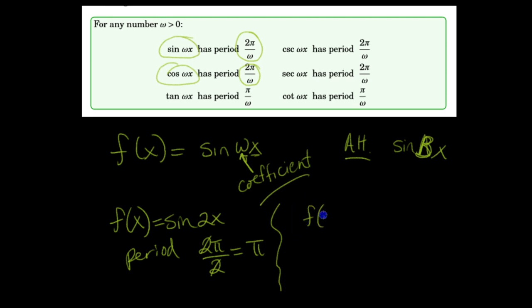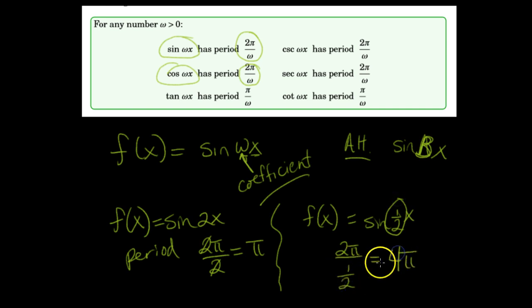Now if I did another function, f of x, and it was the sine of 1/2 x, well, that's 2 pi over omega. This is your coefficient of x, that's 1/2. If you flip it, it becomes 4 pi. So the graph completes its full cycle after 4 pi radians, and in this graph, the graph completes the cycle in just pi radians. Another way to think about this: 2 will speed things up, and this 1/2 is going to slow things down, so it takes a lot longer for it to complete its full cycle.